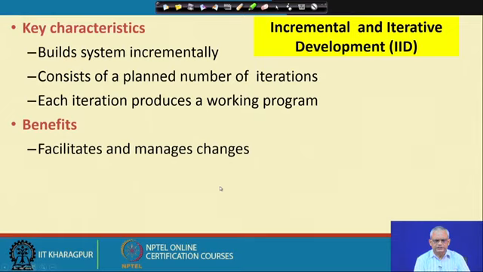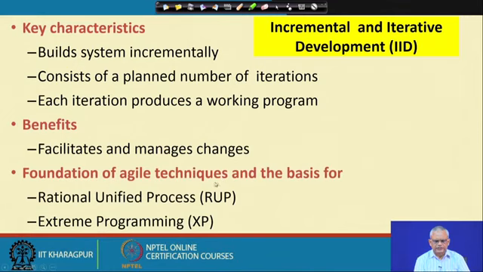The main benefit is that the client can give feedback which can be incorporated in the next increment, and these techniques are actually the foundation for the agile techniques, the rational unified process, and extreme programming.